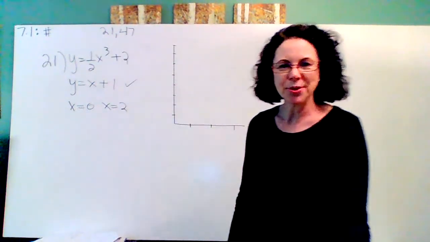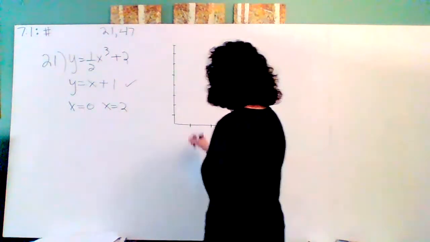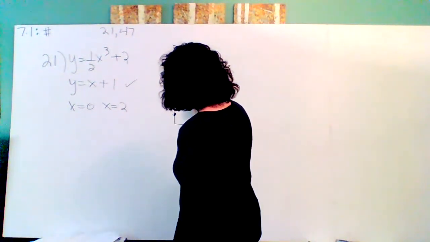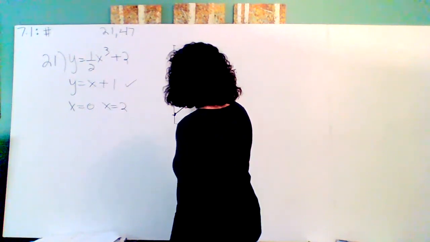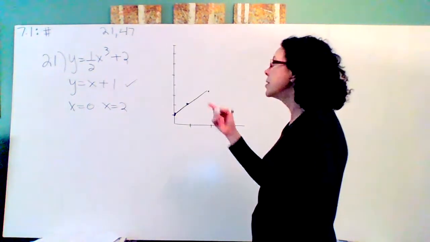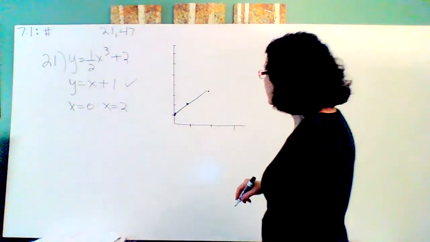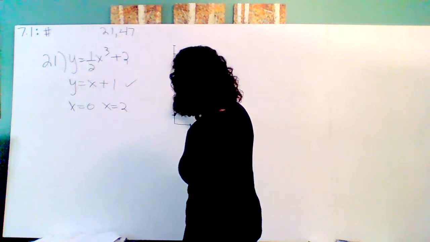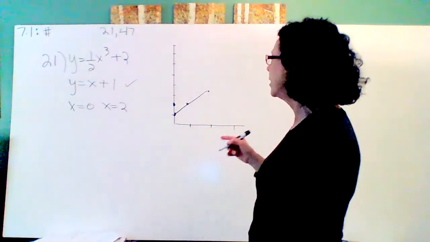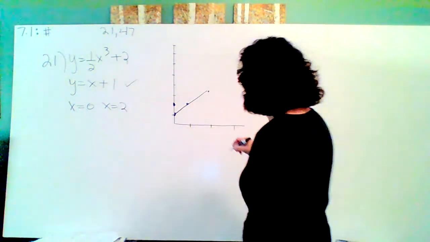You know what? Notice I always do the easiest first. So when I put in a 0, I get a 1. When I put in a 1, I get a 2. When I put in a 2, I get a 3. There we go. There's the line. Let's look at this cubic equation. When I put in a 0, I get a 2. There we go. When I put in a 1, I get 2.5.